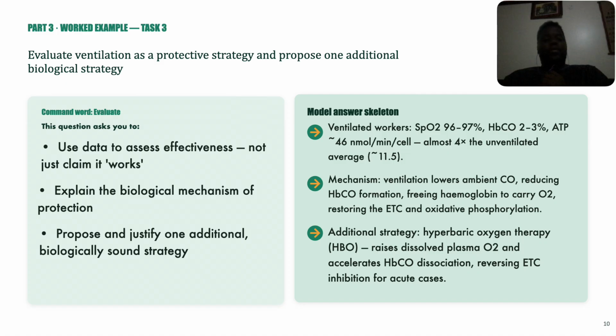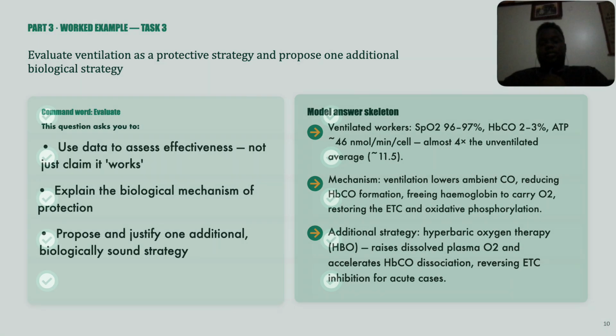For example, for people who have been in these unventilated conditions for very long, we could put them through what we call hyperbaric oxygen therapy, where we provide them with high concentrations of oxygen, which increases how much oxygen is in their blood, accelerates carboxyhemoglobin dissociation, which reverses the effects of carbon monoxide. So that is an alternative strategy to just providing ventilation. So you provide us with the first one and the other one.